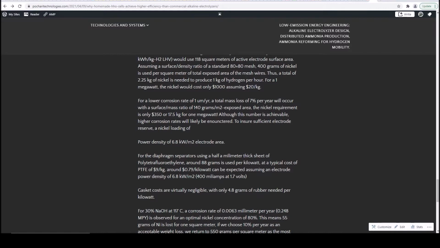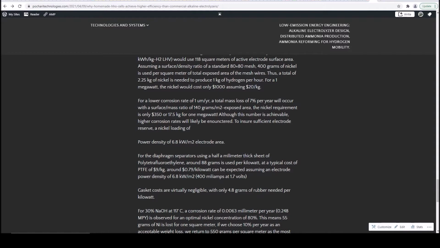And even if the electrode material were made out of platinum, for example, which would have a really low corrosion rate in that alkaline environment, even lower than nickel. Let's say you had an ultrafine mesh, like a 150 by 150 mesh, and let's say the mesh density was what we saw there, anywhere from 100 to 400. Let's say we took 100 grams per square meter.